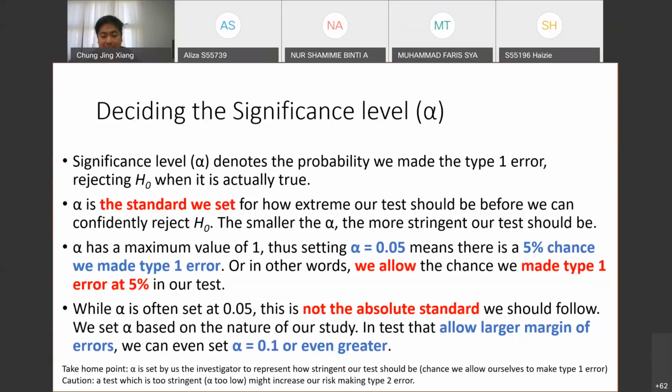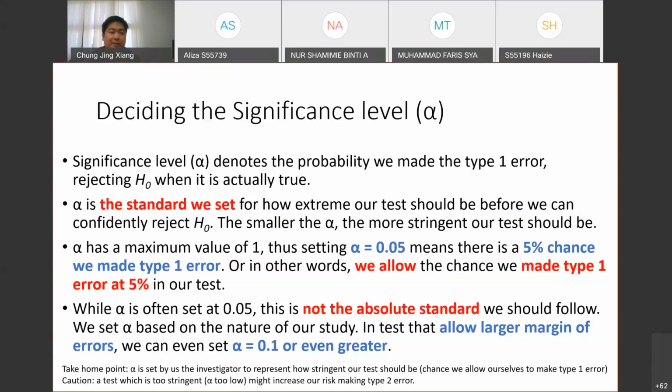So remember, it depends on our test. The alpha value is not set in stone. 0.05 is just what people commonly do because they think a 5% chance of doing something wrong is probably still fine. But it always depends on our test, our research question, and what we want to do.